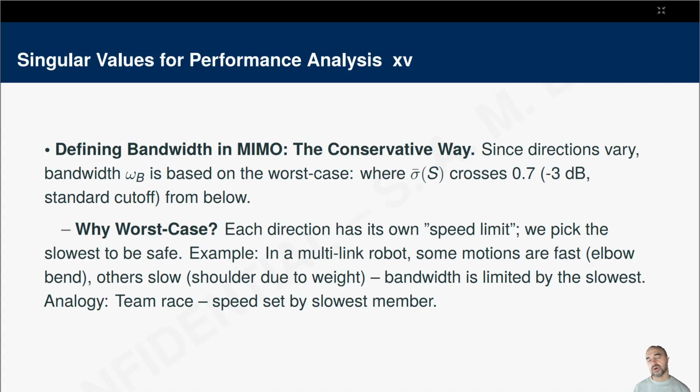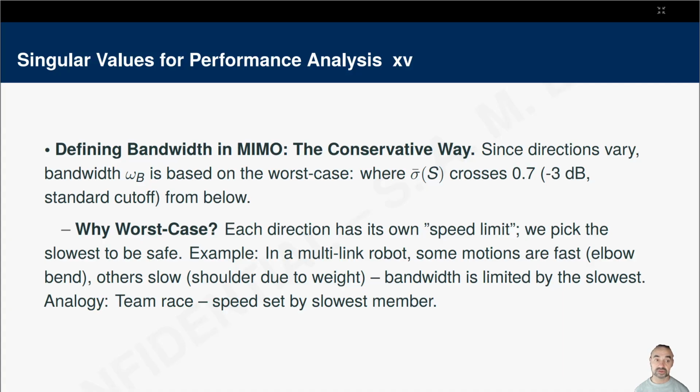In SISO, the bandwidth is clear. In MIMO, each direction has a different apparent bandwidth, so we choose the conservative one, the worst case. Because otherwise we have more than one bandwidth. We can't go with the largest; that doesn't make sense, right?